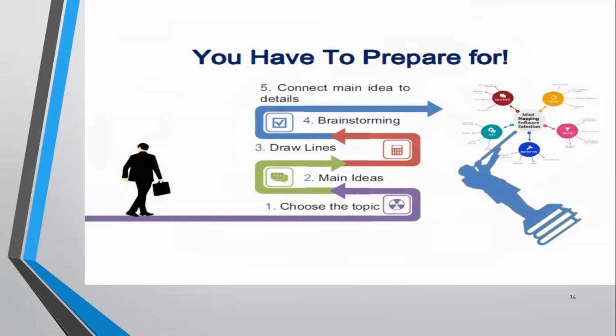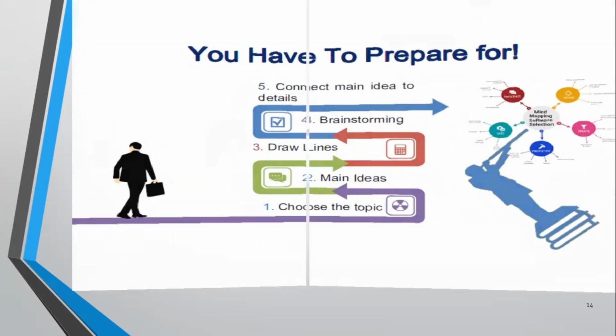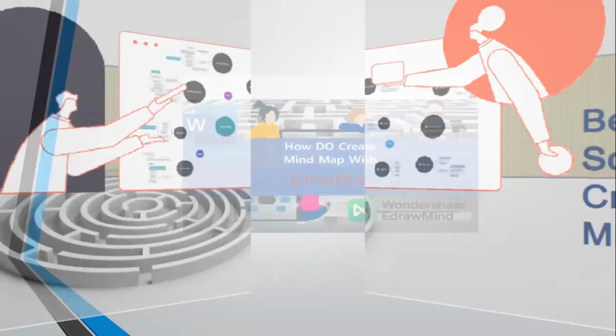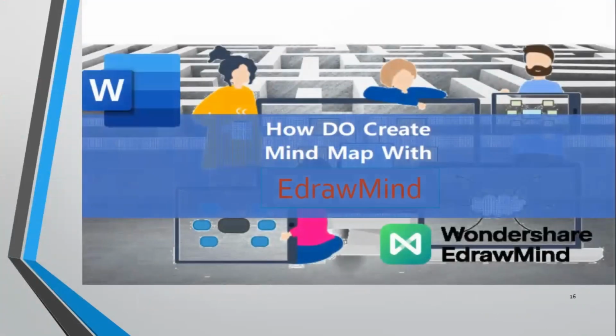We need to understand what topic you need to select, then the main idea, and you need to draw some lines, some brainstorming ideas, and then connect all those ideas with the main detail. There are so many good software options, but I am going to share one software through which you can learn how to create the mind map.